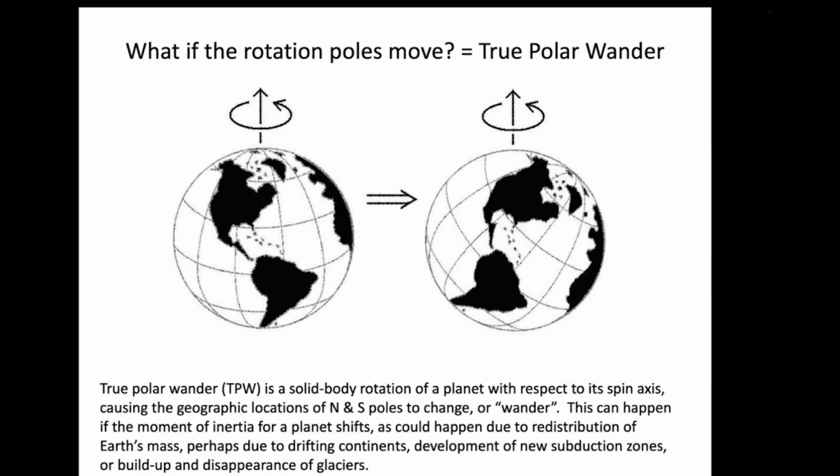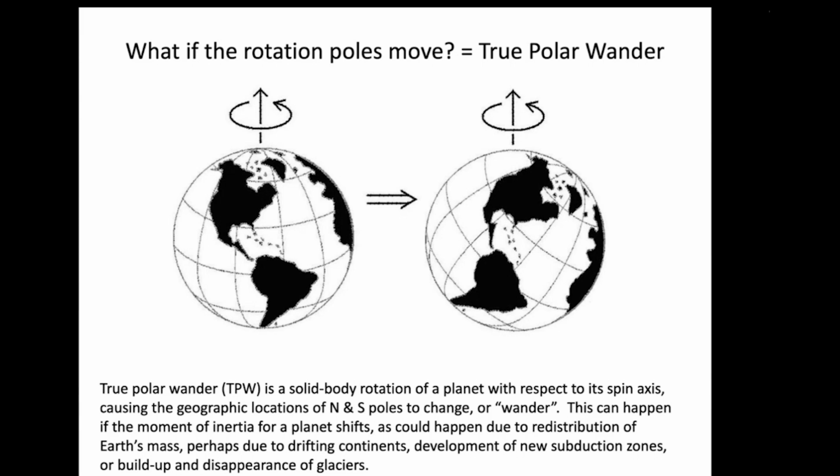It's useful for you to know that the term apparent polar wander is to be contrasted with the term true polar wander, and true polar wander could happen if the moment of inertia for a planet shifts. And this would only happen if there was a redistribution of Earth's mass, maybe due to drifting continents or the development of new mountains, or the buildup and disappearance of glaciers.